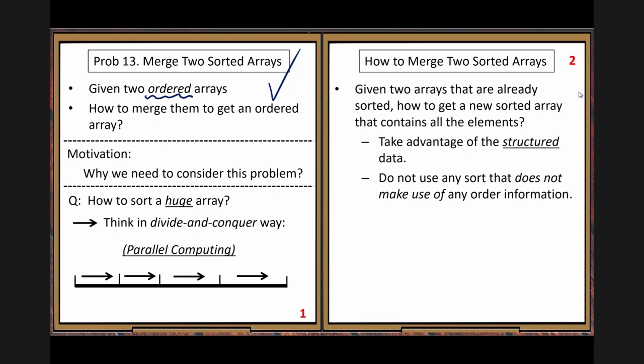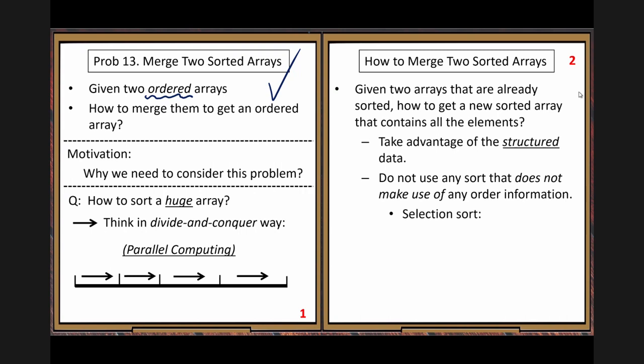Some sorts do not make use of any order information. At this point, we have learned several sorting algorithms. Some of the algorithms never use order information, but some of them do. So let's recall first. Selection sort.